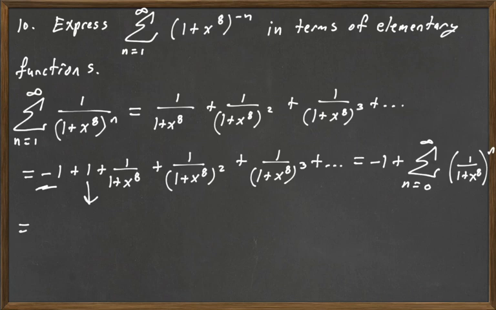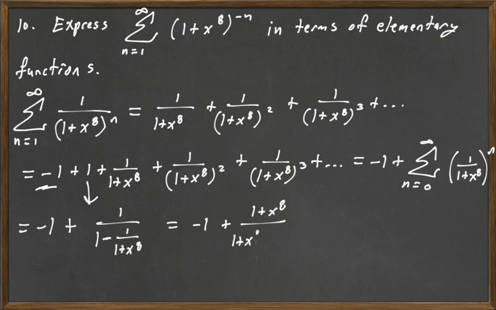Now we can use our geometric series formula. So we have the negative 1 plus, and it's going to be 1 over 1 minus the common ratio. Common ratio is 1 over 1 plus x to the 8th. It's going to be equal to negative 1 plus 1 plus x to the 8th. So we're going to multiply the numerator and denominator by 1 plus x to the 8th over 1 plus x to the 8th minus 1.